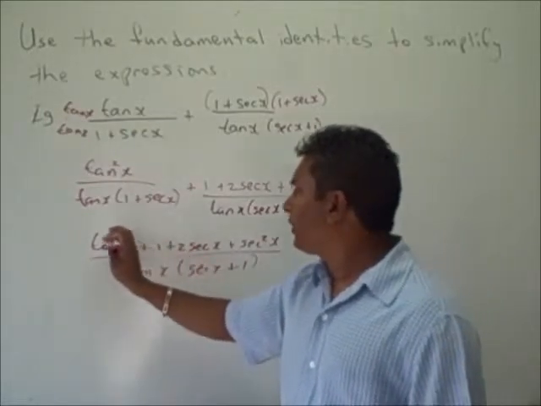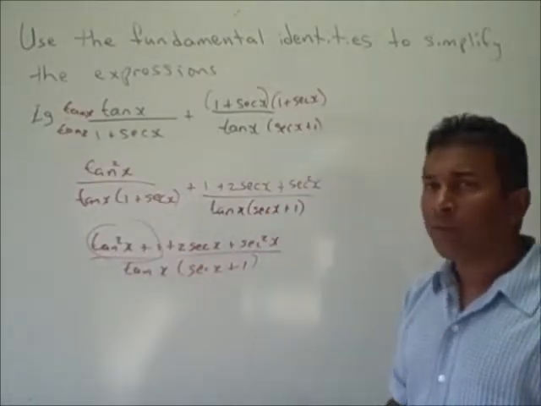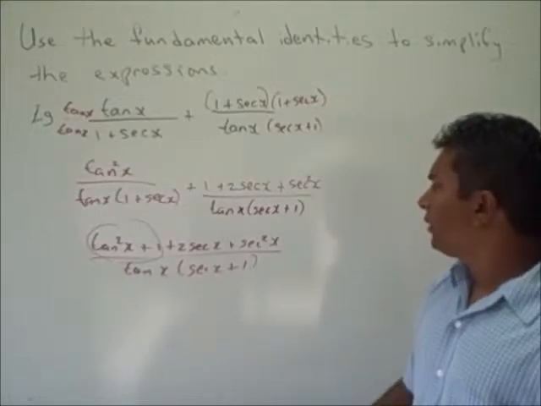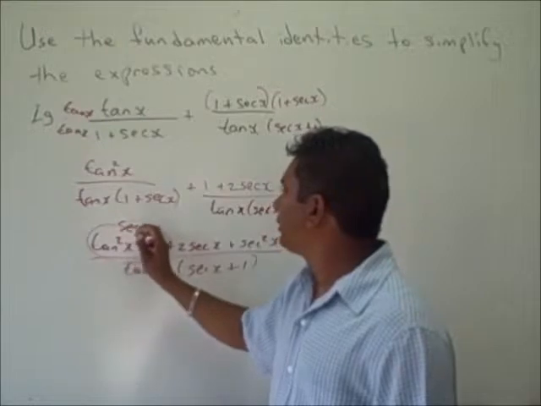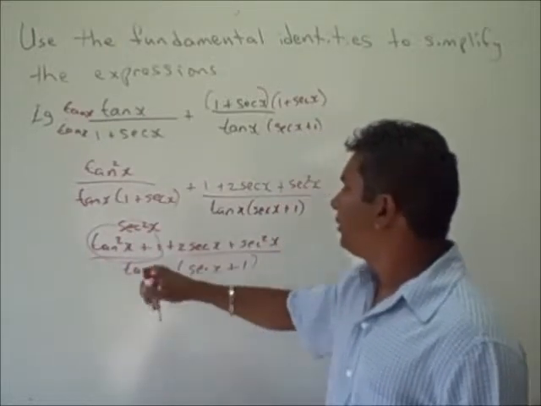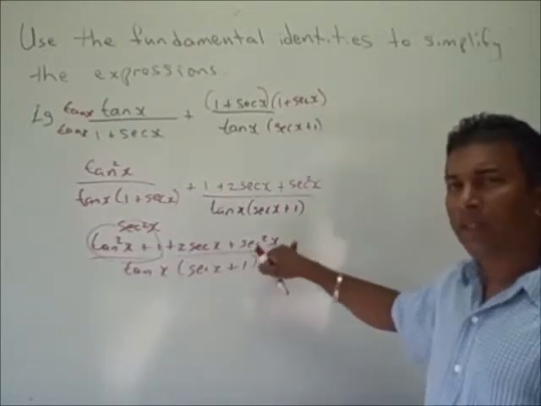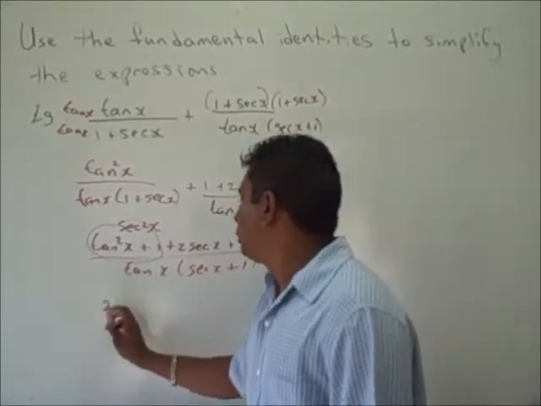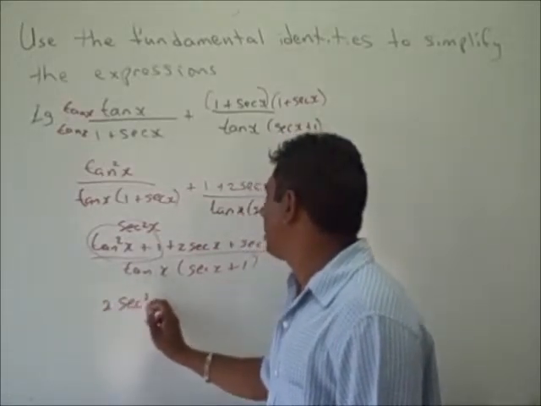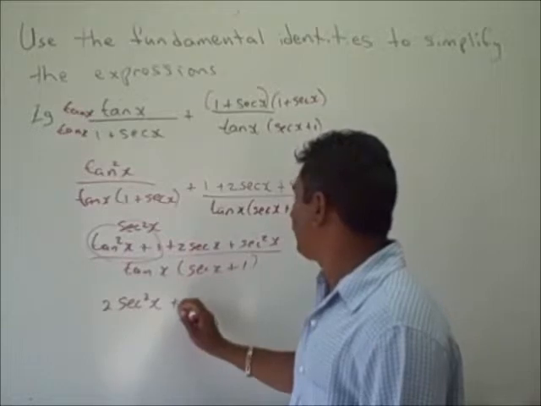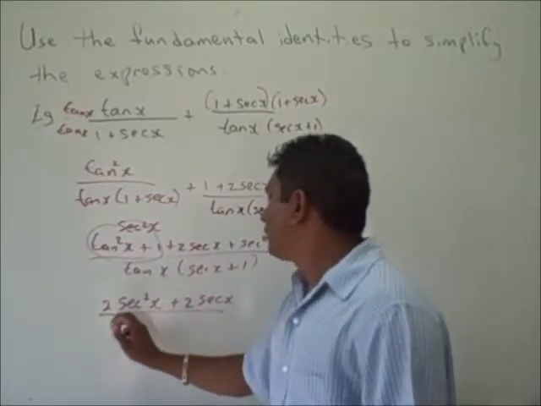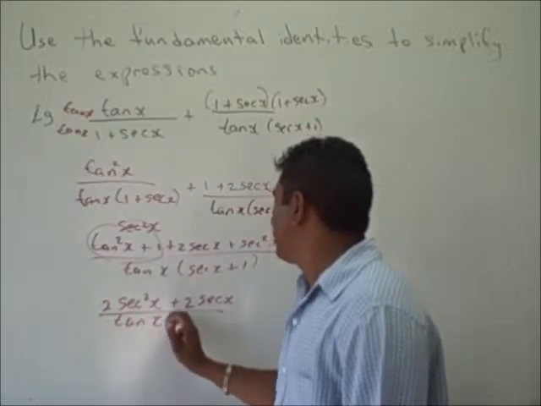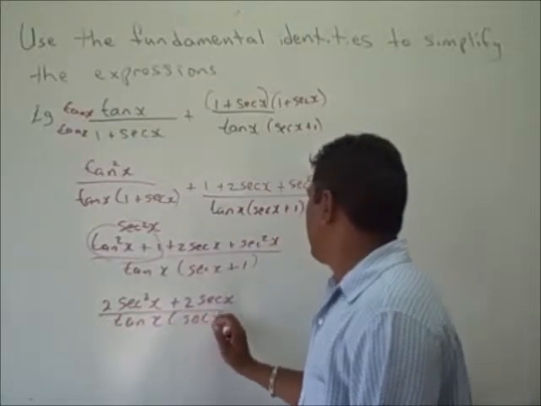We know tan squared x plus 1 is one of our Pythagorean identities, which is equal to secant squared x. So all this will become secant squared x. So secant squared x plus secant squared x will give us 2 secant squared x, plus we have 2 secant x, all over tan x times secant x plus 1.